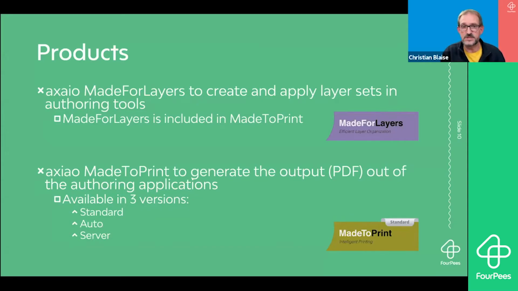Here it was InDesign, but I'm going to show you where it's available. And as I told you, MadeForLayers is included in MadeToPrint. For MadeToPrint, the version I used here is the standard version, but there's also an auto version, which is hot folder based, and a server version.